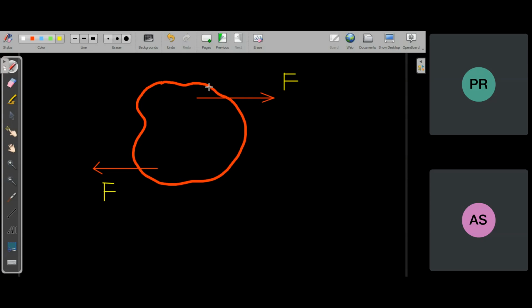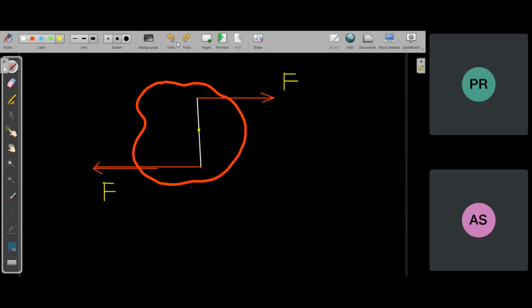That torque you can calculate just by using the formula that we discussed. For example, to calculate torque, first of all you need to select a point or an axis about which you are finding the torque. Till now, we have learned only to find the torque due to a force about a point, and it is given by r cross F. So let's take any point, let's take this point.